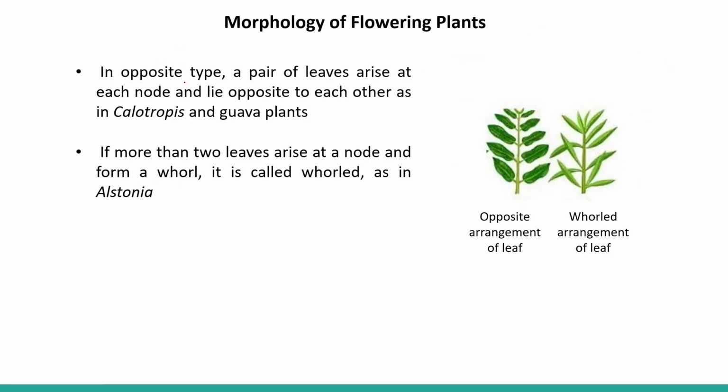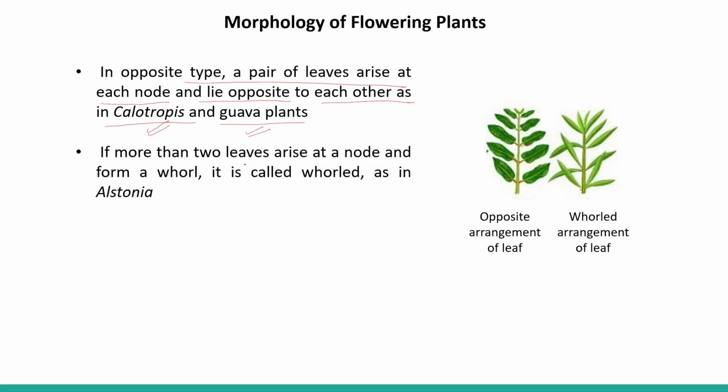In opposite type, a pair of leaves arises at each node and lies opposite to each other, as in Calotropis and guava plant. So here you can see opposite at one particular node, here also at one particular node. So this is in the case of Calotropis and guava.